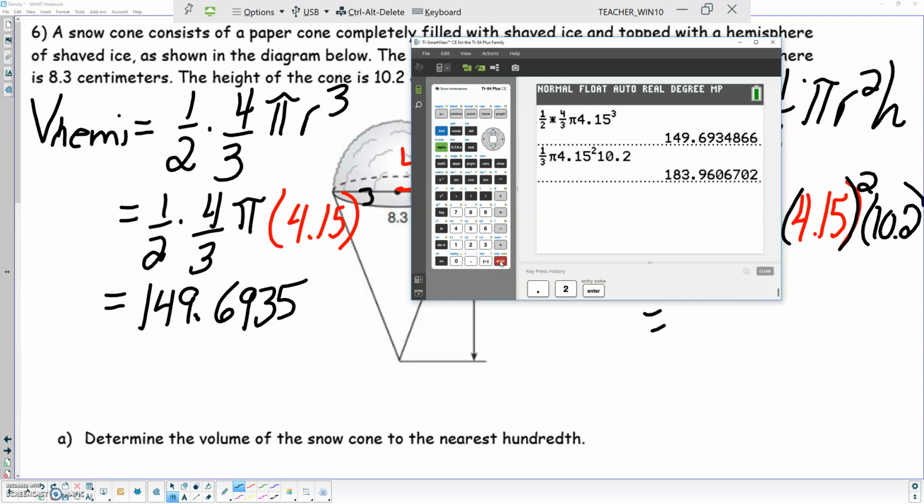Okay, so when we put that in the calculator, we're going to get approximately 183.9607.